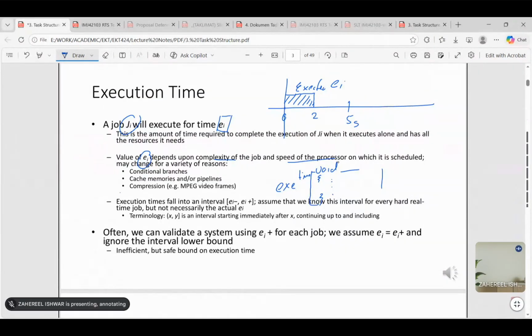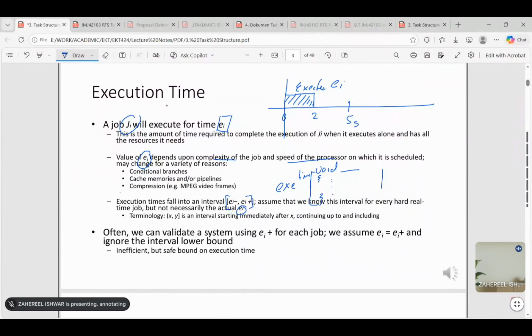If this particular function represents your task, and your task is represented in a single program, then the whole program is denoted as its execution time. Execution time falls in the interval of E sub I minus to E sub I plus. Assume that we know this interval for every hard real-time job, but not necessarily the actual E sub I.